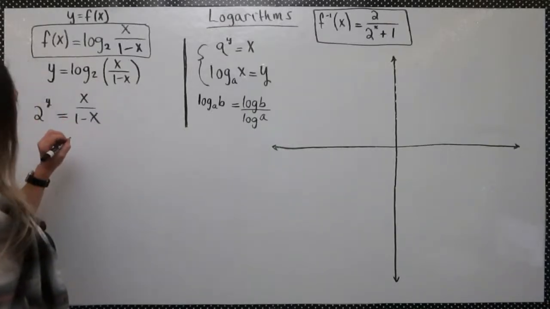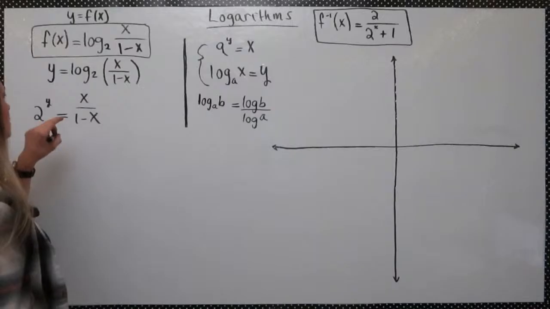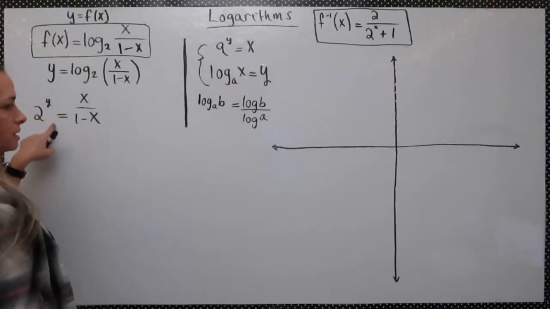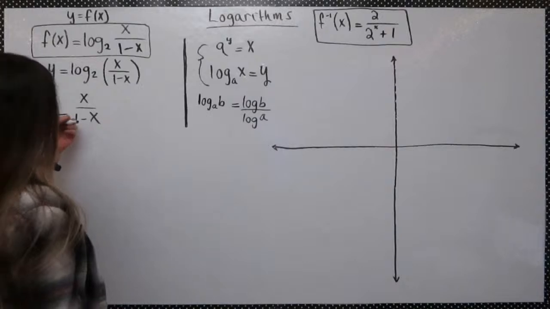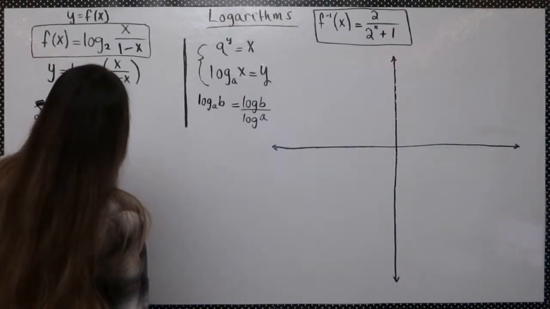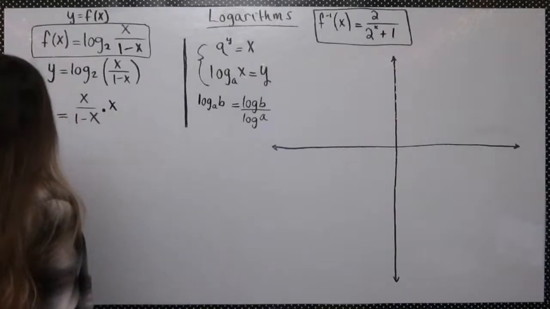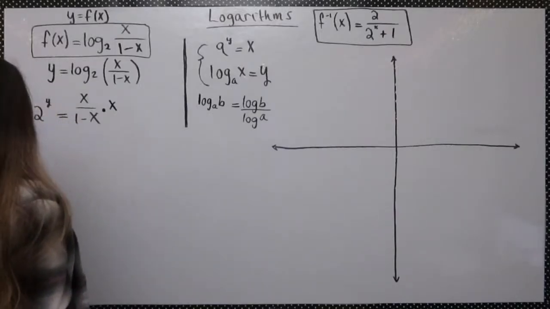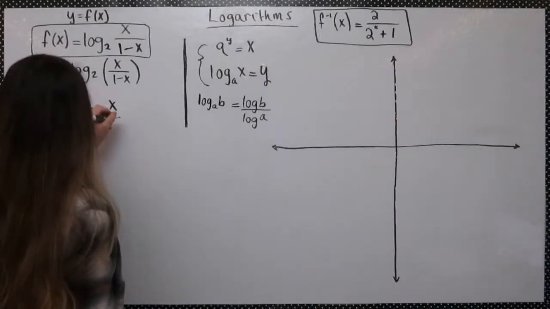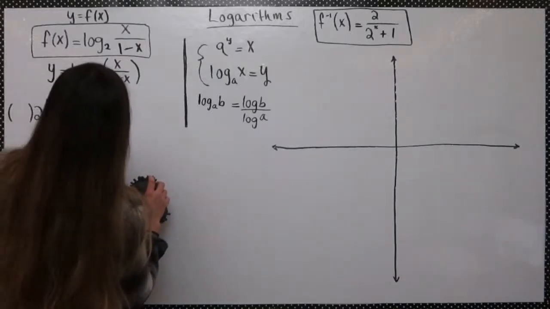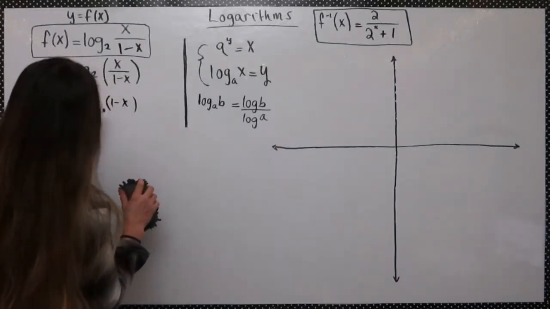So we're going to solve it for X, and then we're going to swap out the Y's and X's after we do that. So we'll solve for X. So we've got X times, this entire quantity, 1 minus X. 1 minus X here.